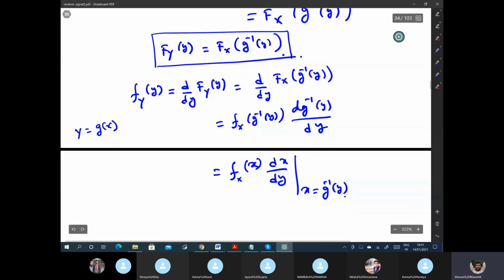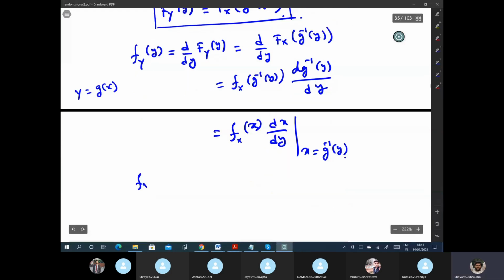So f_Y of small y will be equal to f_X of small x times dx by dy at x equals g inverse y.